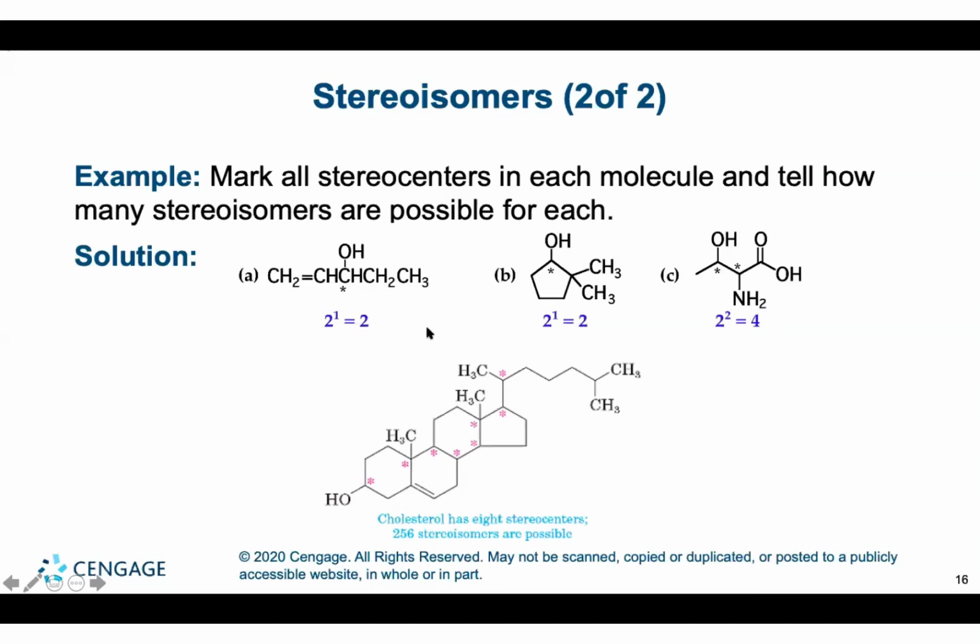What about this one, guys? This is cholesterol, a molecule that we have in our body, and that controls our fat in the body. So we have here 1, 2, 3, 4, 5, 6, 7, 8 stereo centers or chiral centers.